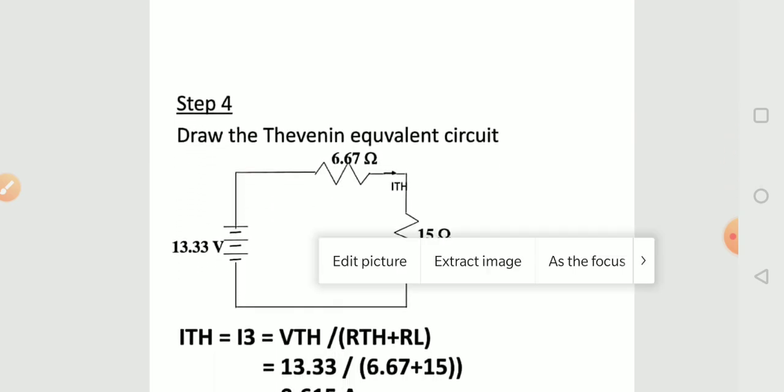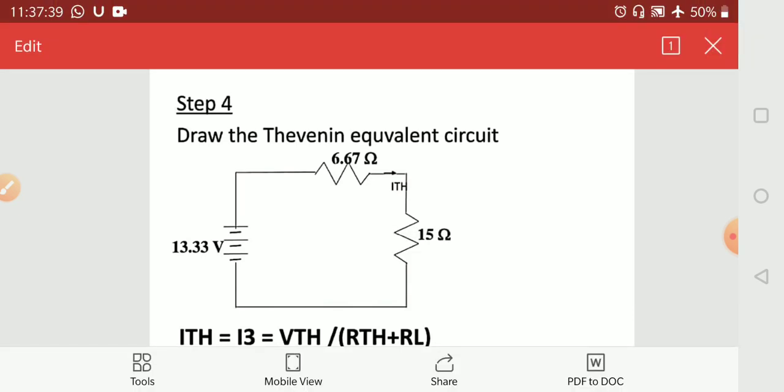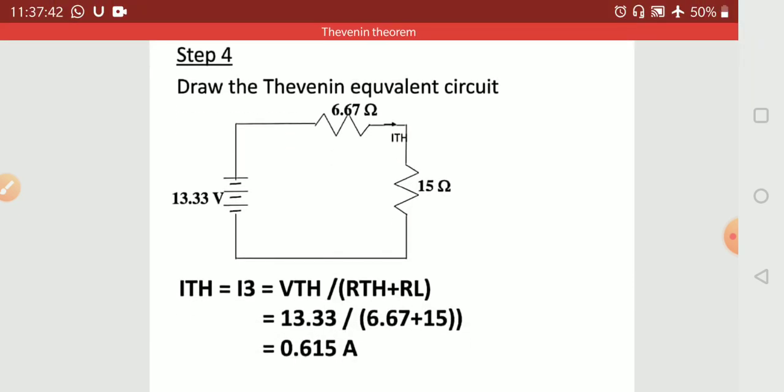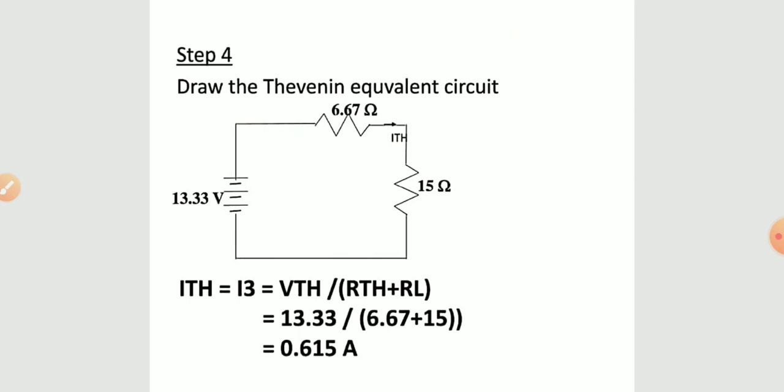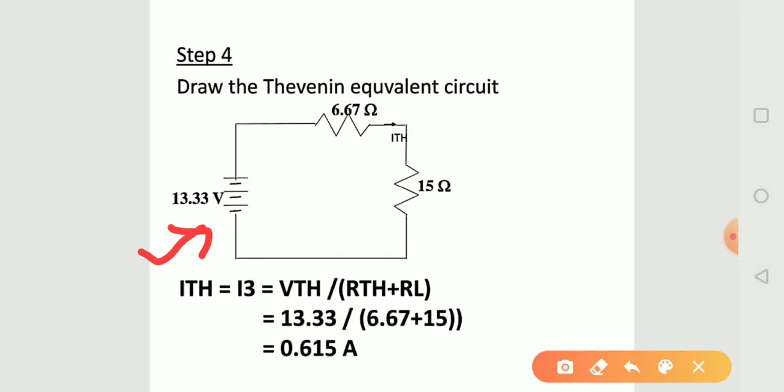Now in the fourth step we find the load current. If we combine this diagram in the Thevenin's equivalent circuit, here the Thevenin's voltage is 13.33 volt and Thevenin resistance is 6.67 ohm and the load resistance is 15 ohm.